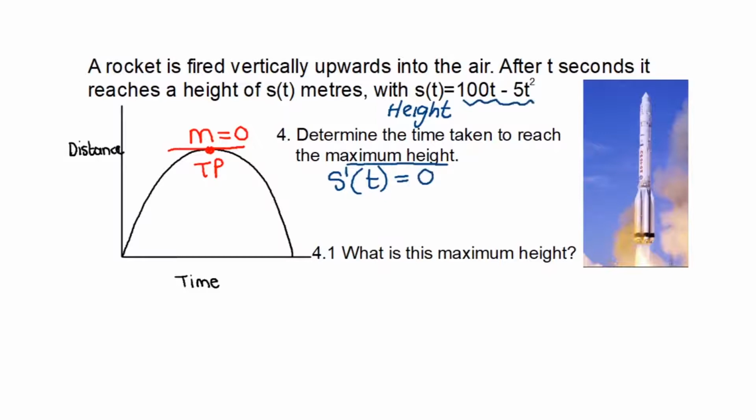What is the derivative of the distance formula? Well, it's 100 t to the power 0 minus 10t, and that must then be equal to 0. In other words, the negative 10t is negative 100, which means t will be 10 seconds.